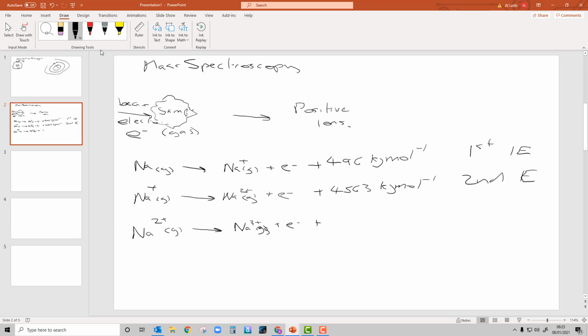In fact, to take a second one is going to be the equivalent of, and wait for this, what do you think it's going to be? 6,913 kilojoules per mole. Yeah? And that is the third ionization energy. Okay, hope you're okay with my shorthand here.